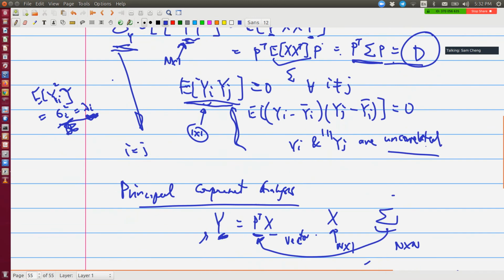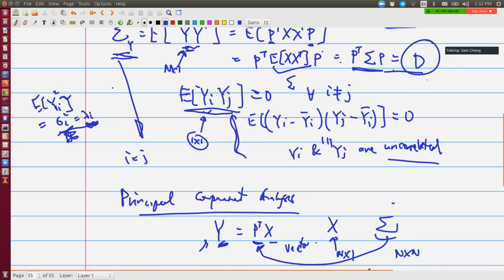But here let me add one more constraint. We assume that this P actually sorts the eigenvalues. So then I have lambda 1, lambda 2 as the eigenvalues, and lambda 1 is bigger than or equal to lambda 2, bigger than or equal to lambda 3, and so on. I can always do that, right?